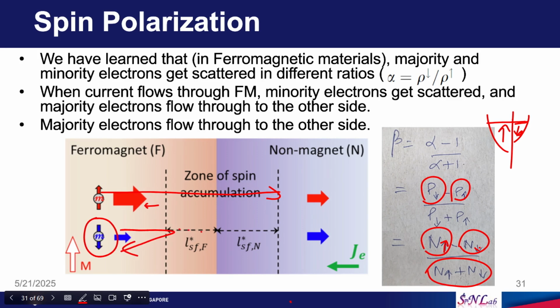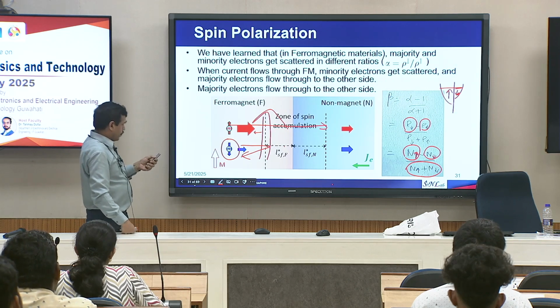So the probability of a spin up electron going through a ferromagnetic layer with a magnetization like this is higher. The probability of the other going to the other side is lower. Majority of these will come back. That is called spin polarization.